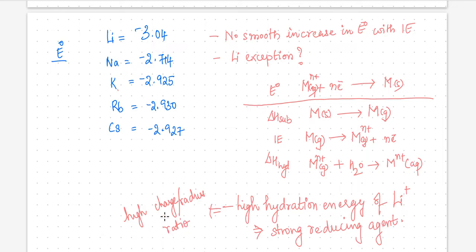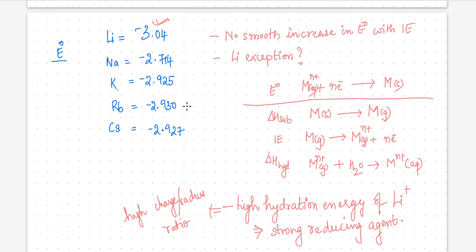Okay, because of the high charge to radius ratio, it is hydrated very strongly, and that is why it has a very high negative E naught value. Now, when we talk about alkaline earth metals, if you look at the values given in your books, they also have a negative E naught value.